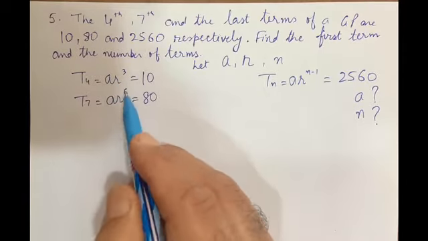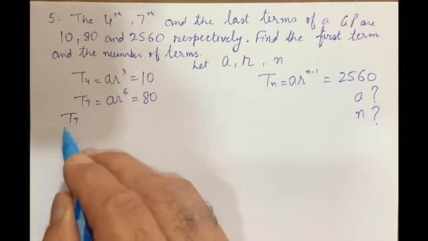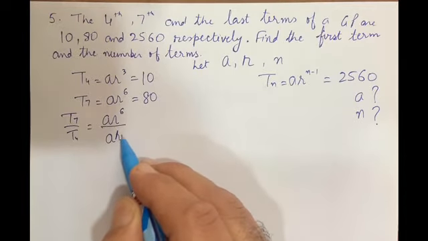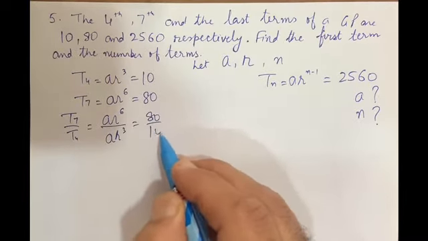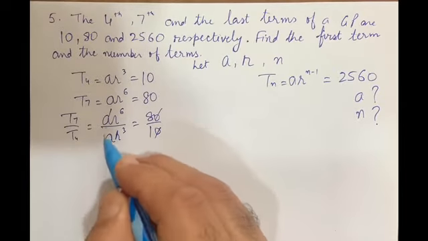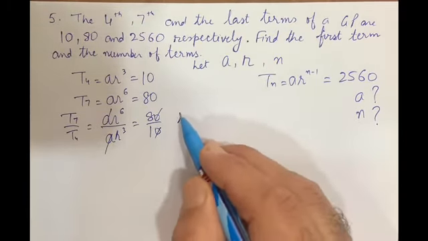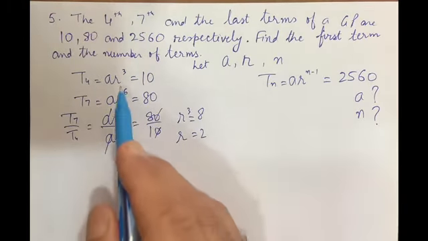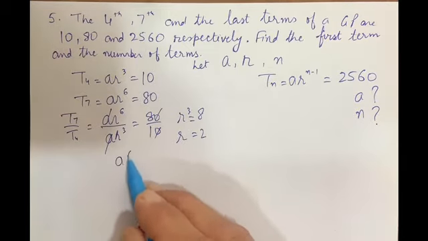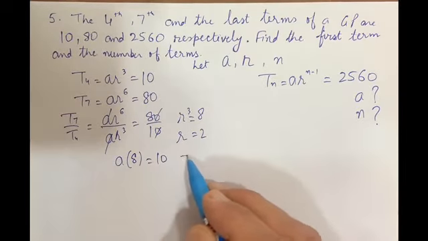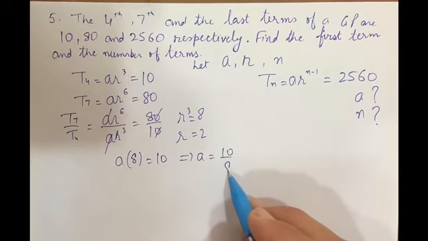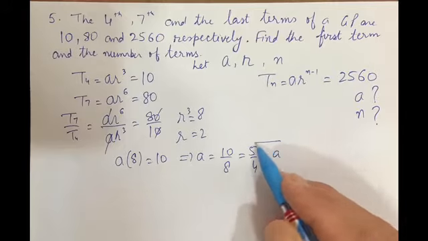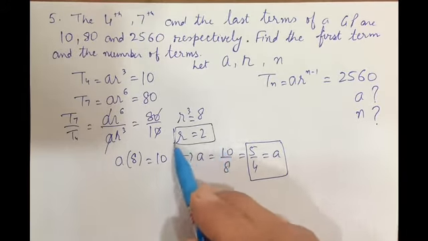We solve these equations. So we divide the seventh term upon the fourth term. A into R raised to 6 upon A into R raised to 3 is 80 upon 10, which is 8. A will cancel out. This gives us R cube equal to 8, or R is equal to 2. Substituting R equal to 2 in this equation, A into R cube is 10. So this gives us A equals 10 by 8, or 5 by 4. So we have A equal to 5 by 4 and common ratio equal to 2.